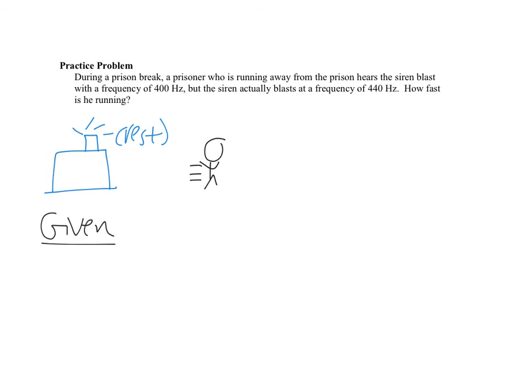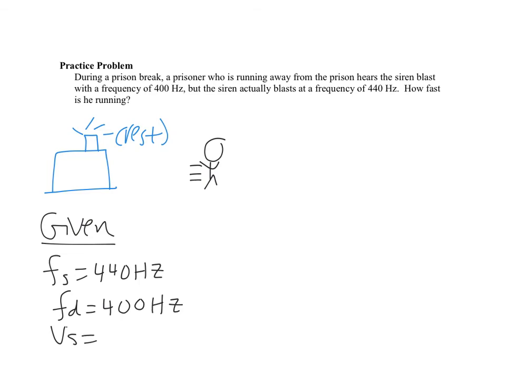So our given information, the frequency of the source is 440 hertz. The frequency he detects is 400 hertz. And the velocity of the source, it's at rest, is 0 meters per second.